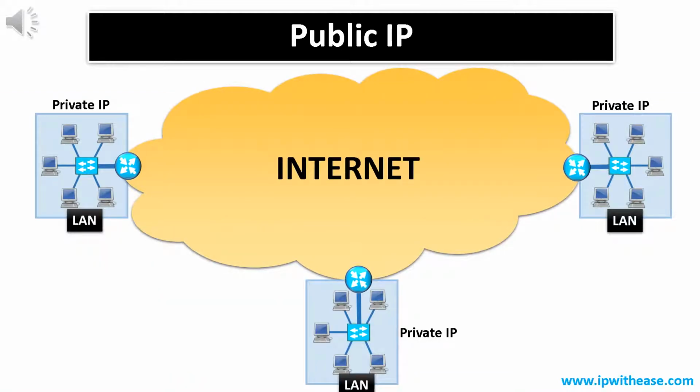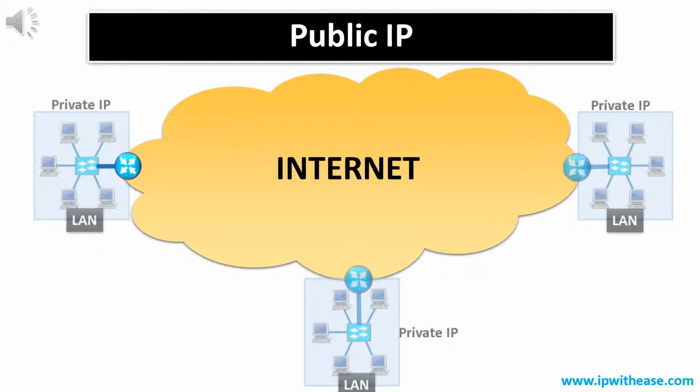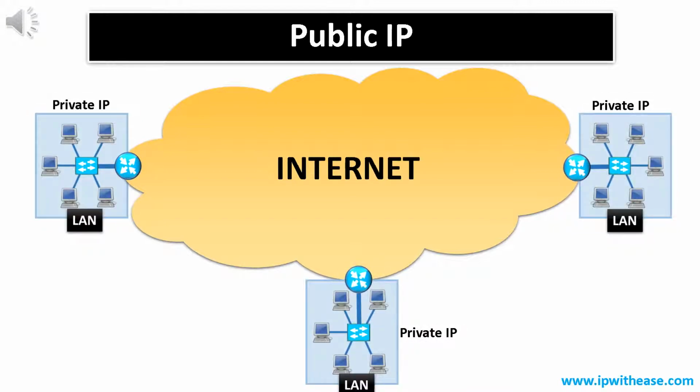When it comes to communication between LANs which are separated geographically and connected through the internet, in this case, a private IP from one LAN will not be able to communicate with another LAN's private IP. In this case, we require public IPs at each site for end-to-end communication to occur.